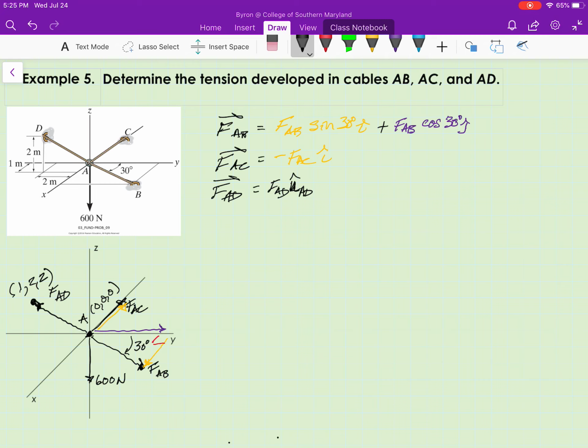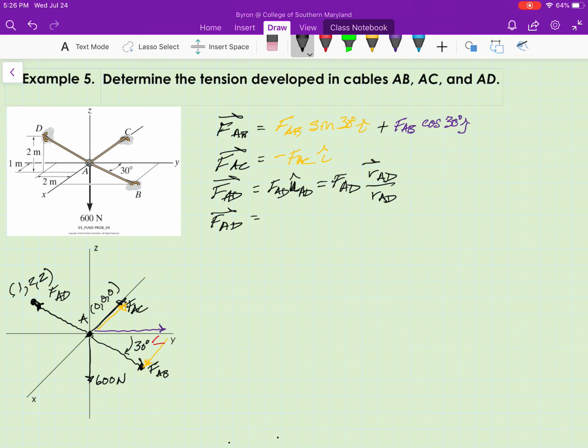And I can write that as the magnitude of FAD times a position vector from A to D divided by the magnitude of the position vector of AD. Okay, now I'll just move this down to start a new line here.